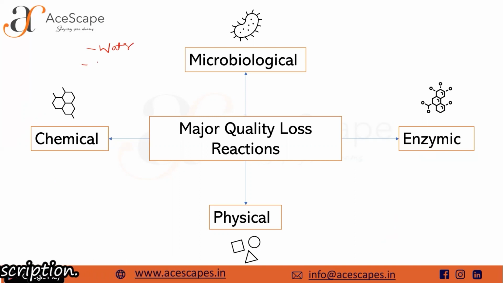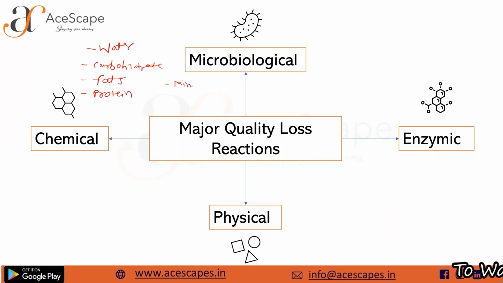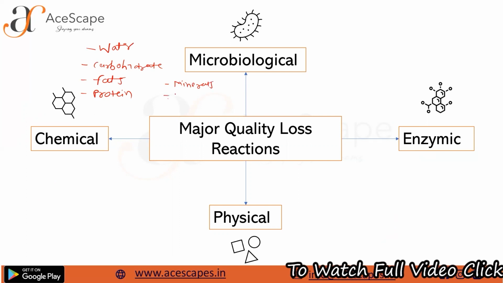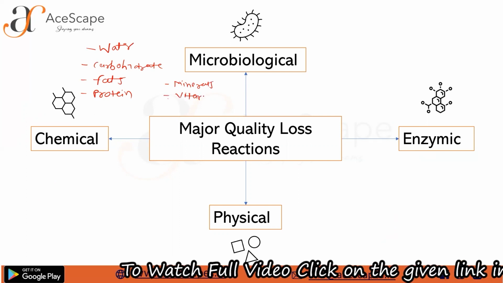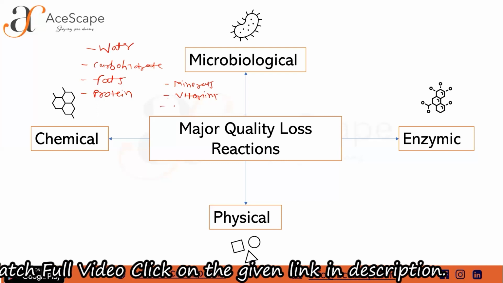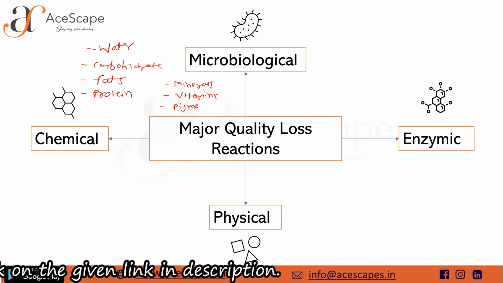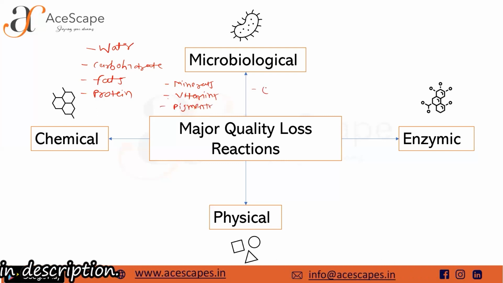Then our major components, carbohydrate, fats, and protein. And there are some minor components like minerals, vitamins, pigments, enzymes, etc. Right?